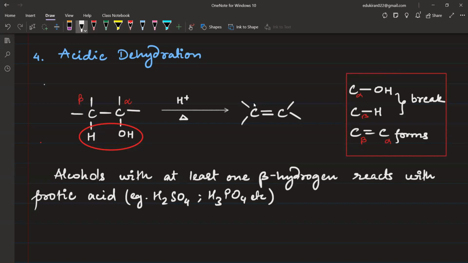Even if you have H+, that's the same. To form alkene via beta elimination.